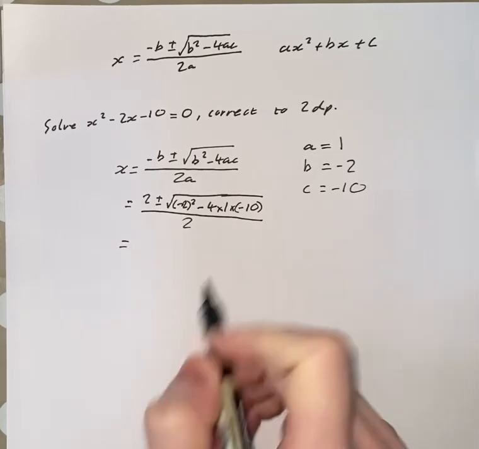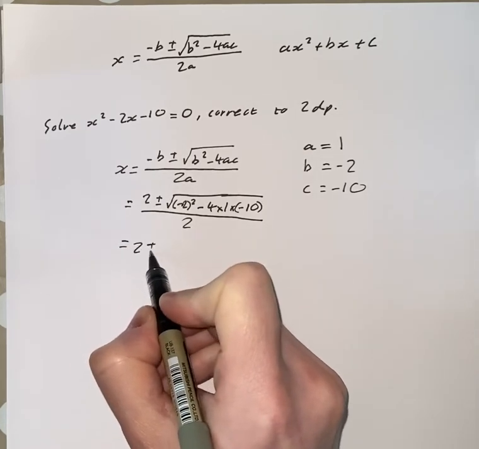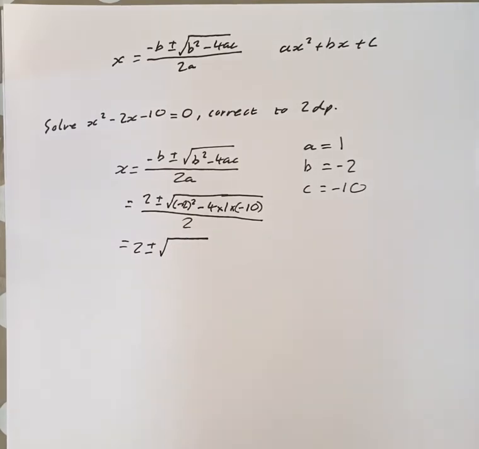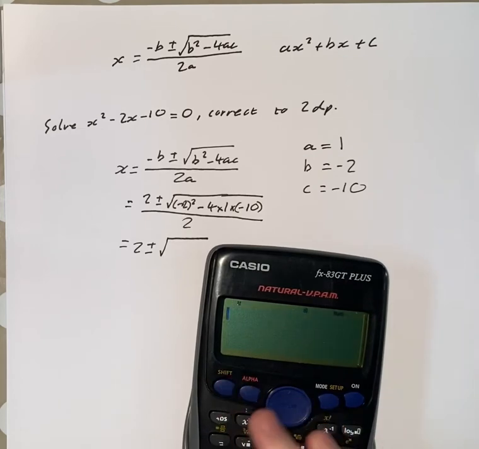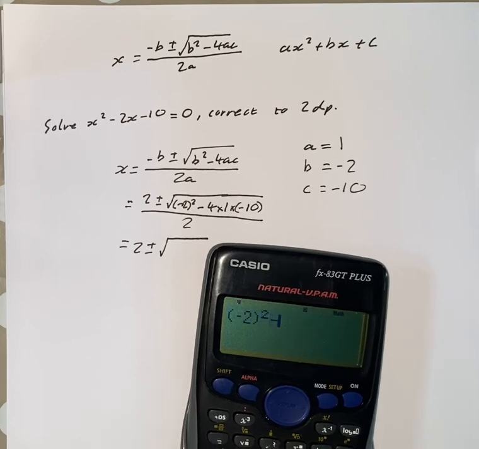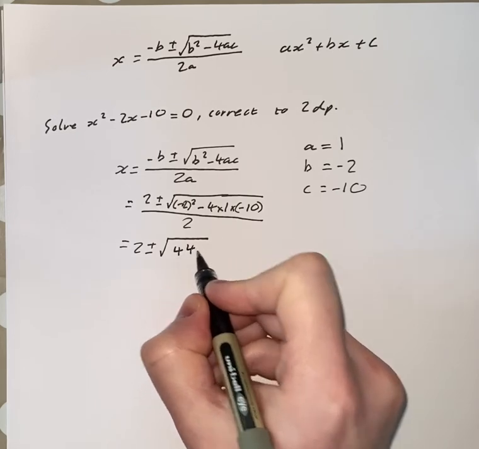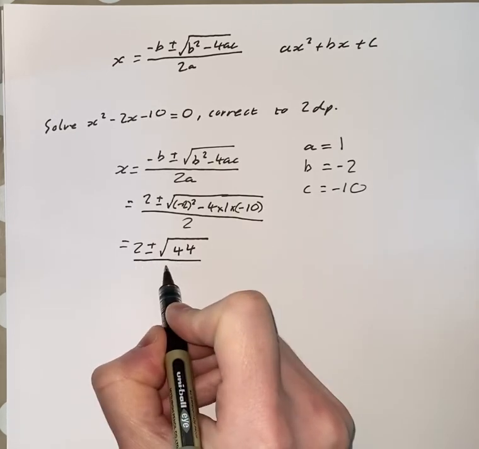Now what we're going to do is tidy this up a wee bit. So negative 2 squared minus 4 times 1 times negative 10 gives us 44, over 2.